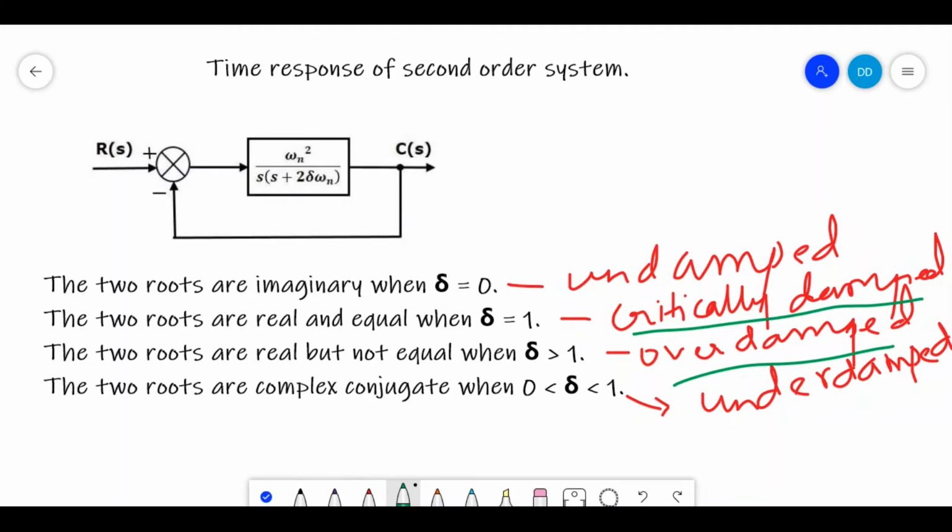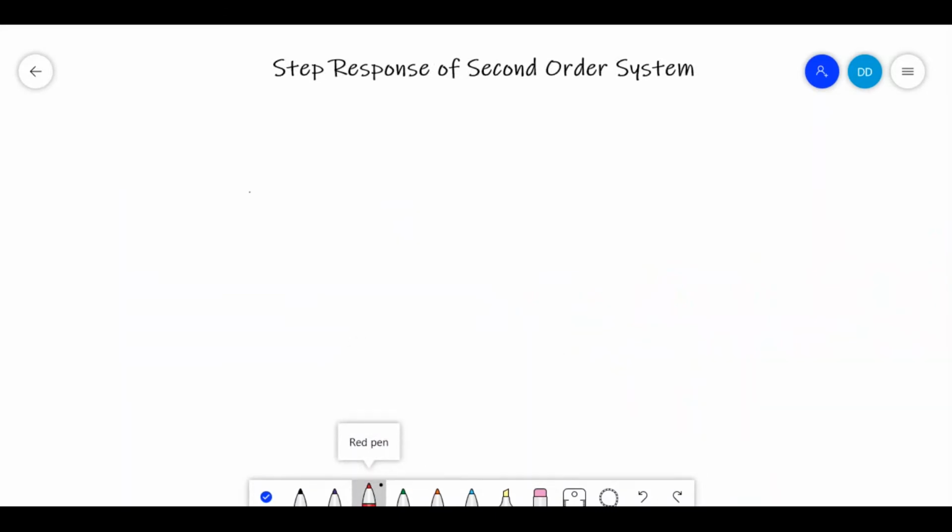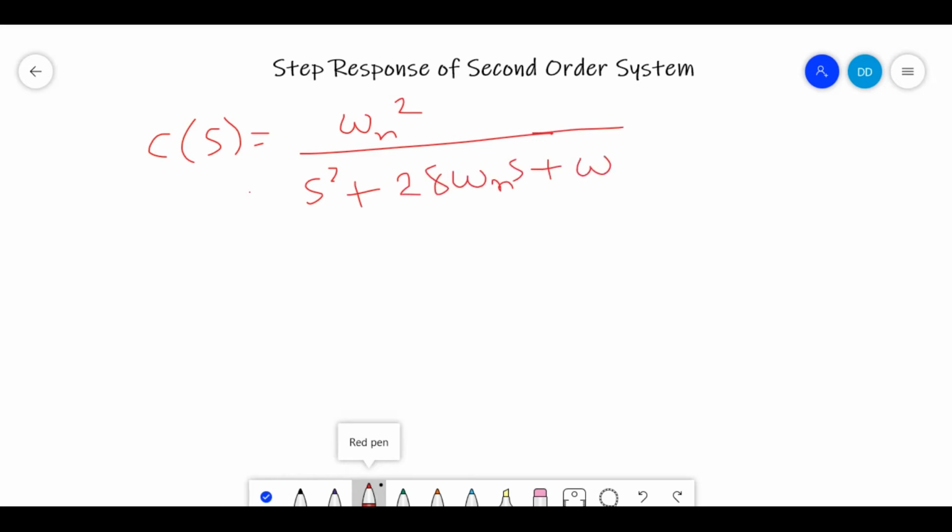Now we will obtain the step response of this second order system for delta equal to 0, delta equal to 1, delta greater than 1 and delta between 0 and 1. First we write the output of the second order system: C(s) is equal to omega n square divided by s square plus 2 delta omega n s plus omega n square, into R(s).